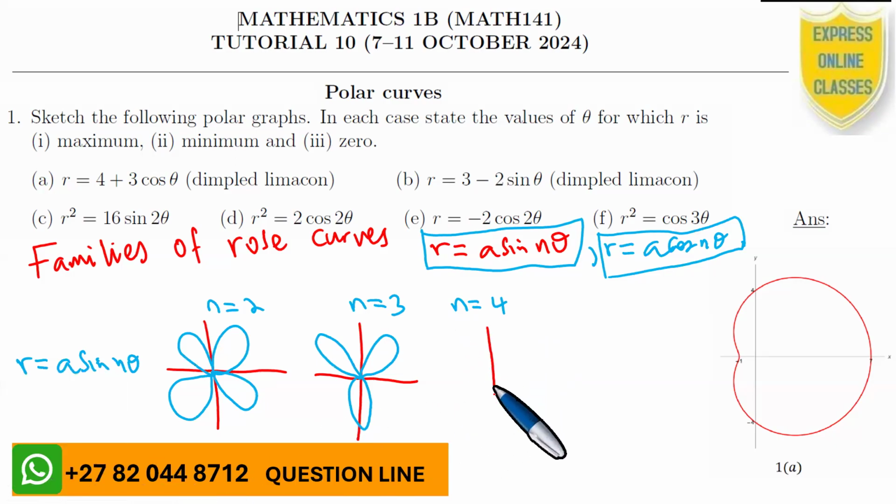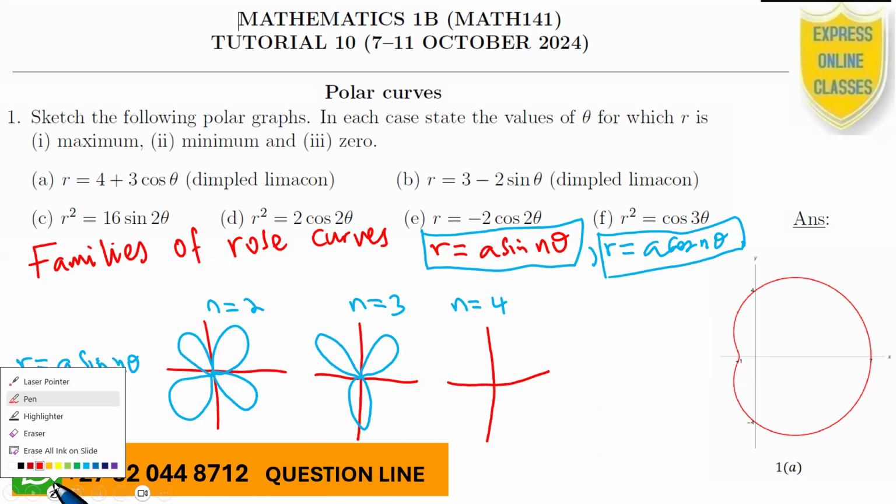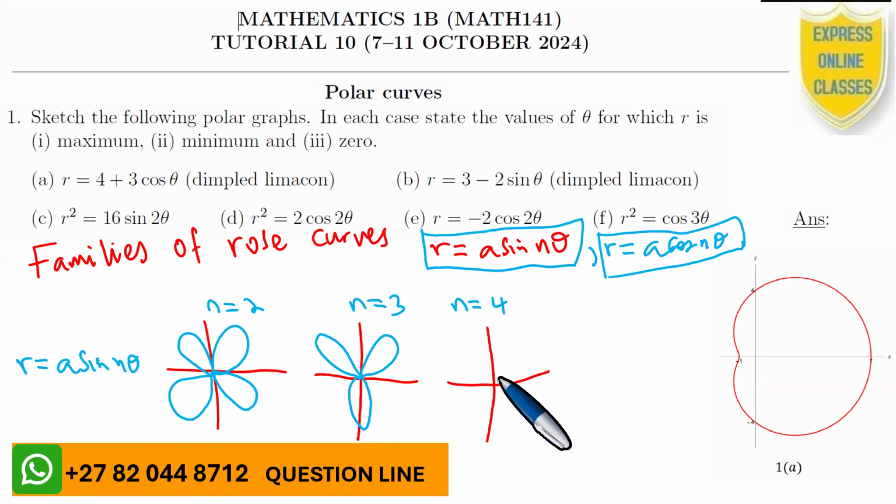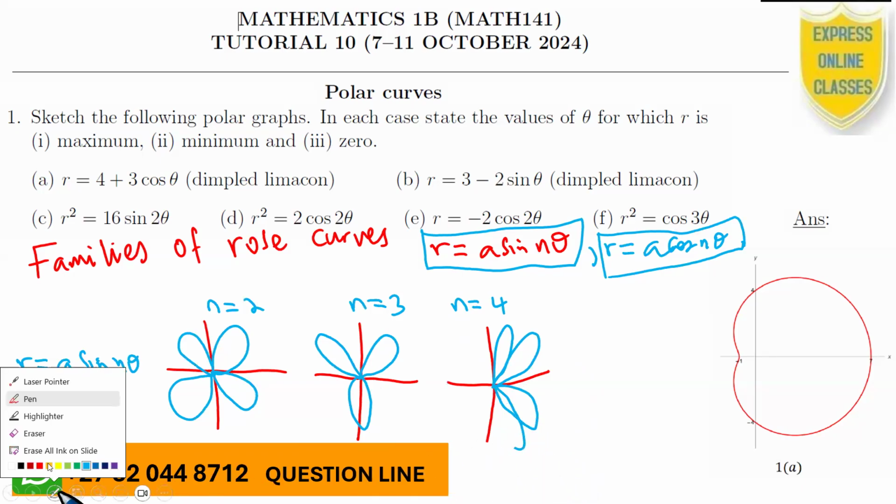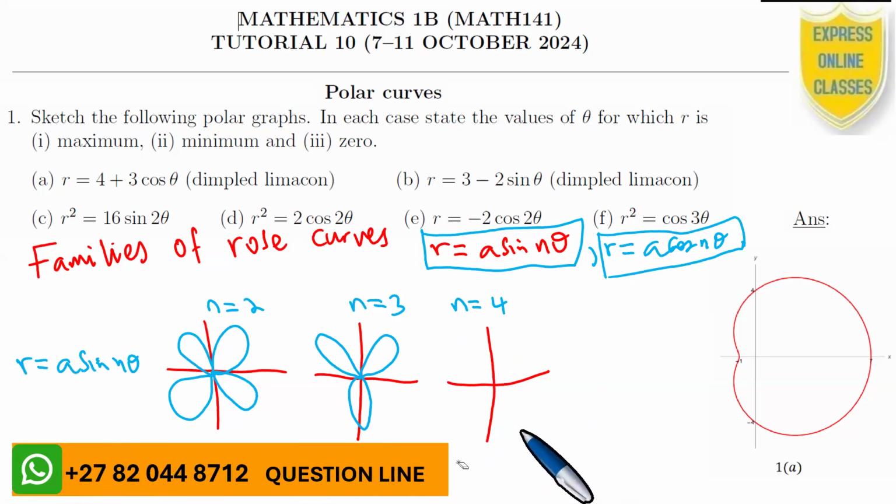You therefore have 1, 2, 3, 4. Let me draw carefully.